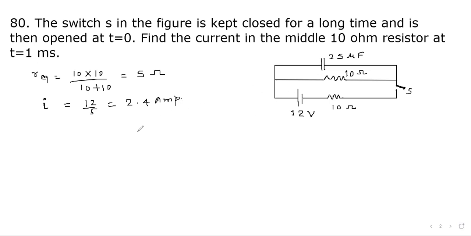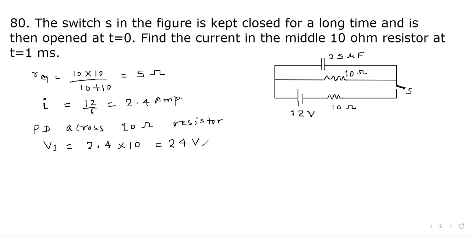Here, if we find the PD across the 10 ohm resistor, the PD across the 10 ohm resistor equal to IR, so it is V1. So that will be equal to 2.4 times 10, that is 24 volt.